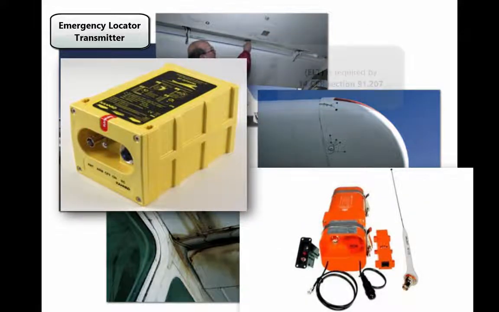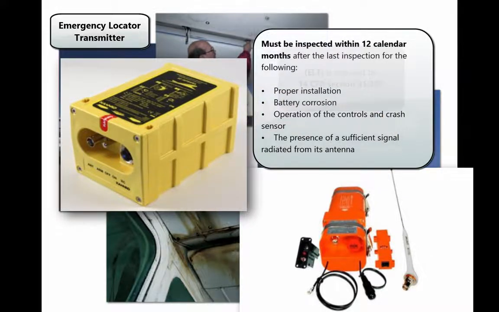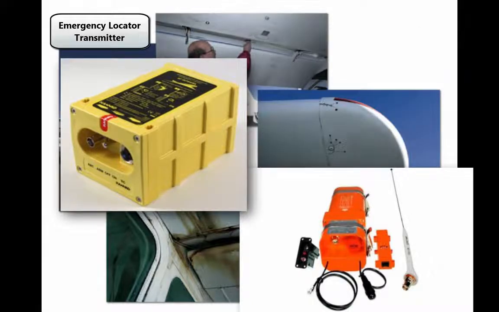An emergency locator transmitter, ELT, is required by 14 CFR Section 91.207 and must be inspected within 12 calendar months after the last inspection for the following: proper installation, battery corrosion, operation of the controls and crash sensor, and the presence of a sufficient signal radiated from its antenna.